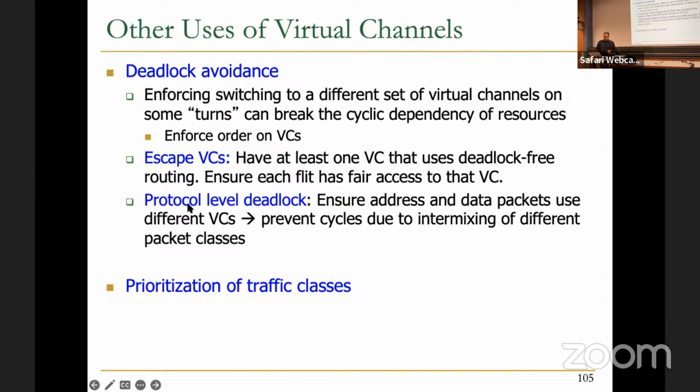Another very important topic is protocol-level deadlock. We discussed the cache coherence protocol. Your network might not have a deadlock, but once you implement a cache coherence protocol on the network, you might have deadlock at the protocol level. I don't want to go into detail because that needs a lot of time to explain. But people use different virtual channels for these different messages.